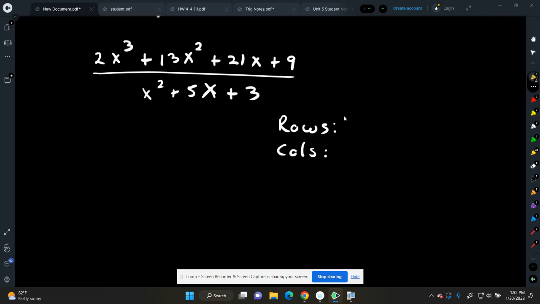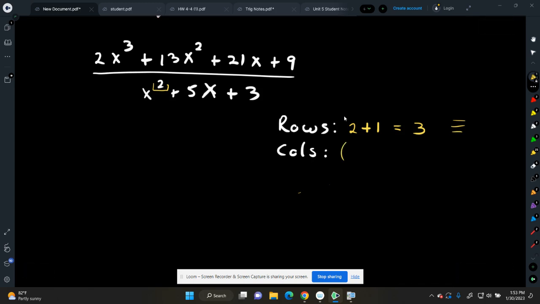Now the number of rows, who remembers where that comes from? The bottom, right. The largest exponent, so I've got 2 on the bottom. And what do we always do? Add 1. So I've got 3 rows. Now the columns, who remembers what we do with the columns?